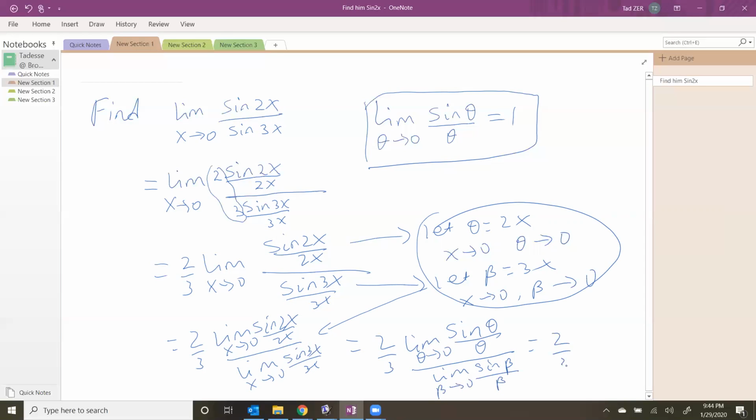Each limit is 1, so it will be 1 divided by 1. So the answer is 2/3. That's how you find a limit involving sine.